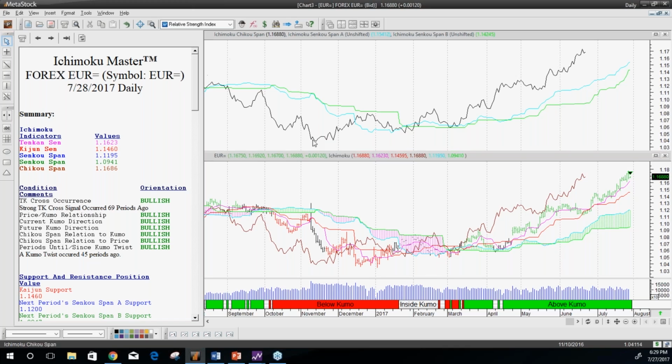And Jeff will show you about running explorations. But for here, as this is applied on this bar here, we can see what the values are for the Ichimoku indicators, as well as what their signals are and what's been occurring. So here's the nice thing: it'll show you the last TK cross occurrence was a bullish one, occurred 69 periods ago.